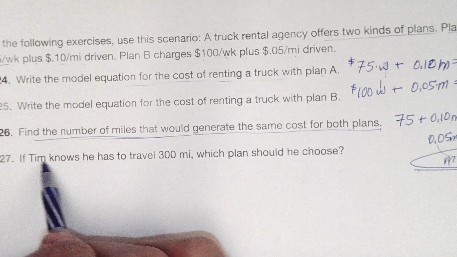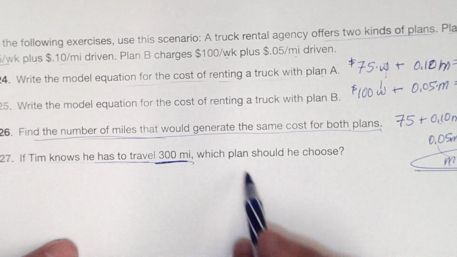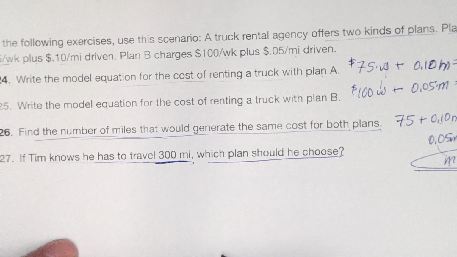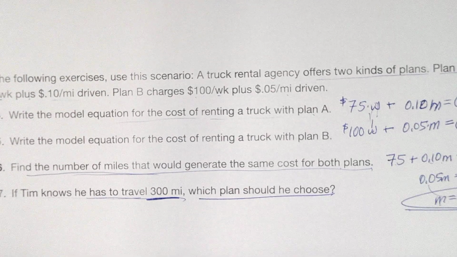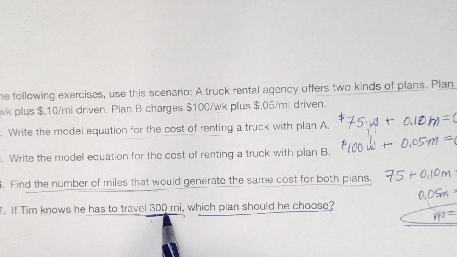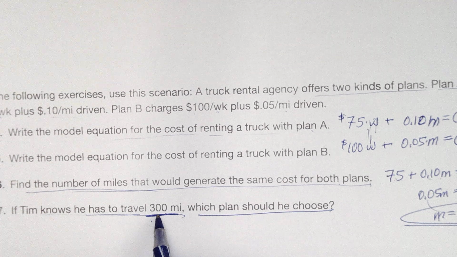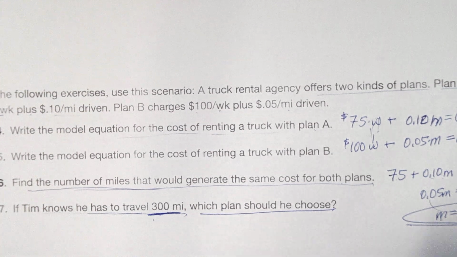So, if Tim knows he has to travel 300 miles, which plan should he choose? Well, it's going to be the same number of weeks, so hopefully he can do it in a week. 500 miles is when they're equal.